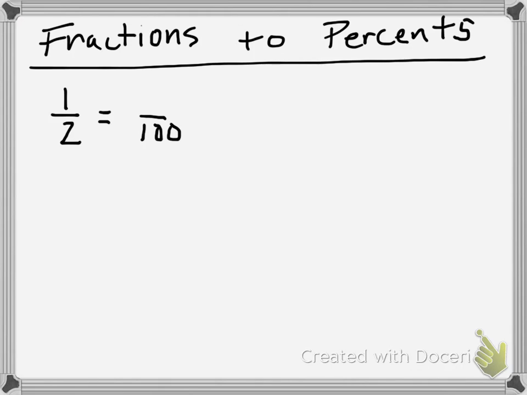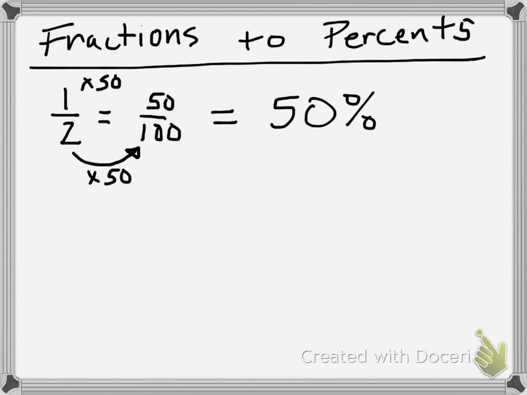So how do I move with multiplication from 2 to 100? I would have to multiply by 50. We always need to do the same to the opposite part of the fraction. So 1 times 50 is 50. 50 out of 100 is equivalent to 50%.